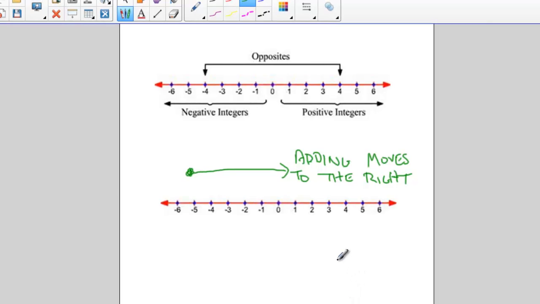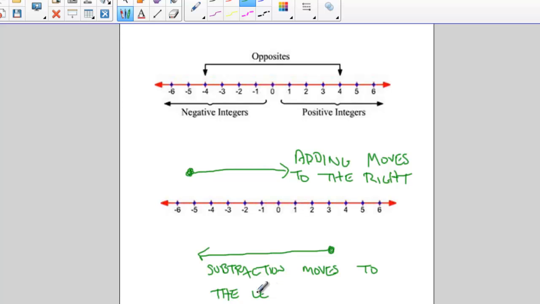And if we're to subtract, subtraction is the opposite. Subtraction moves on the number line to the left.